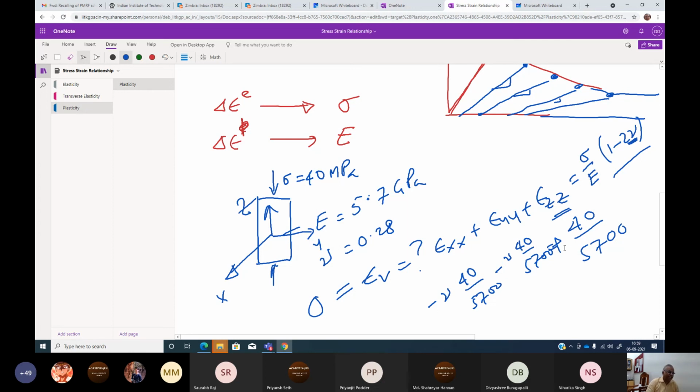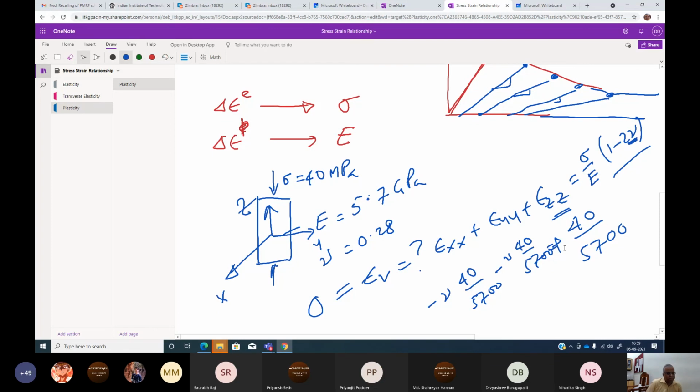You cannot change its volume, because its mu value is 0.5. Whatever compression you give, its volume will not change. If you give compression in one direction, water will go in the other direction. It will keep the volume the same.